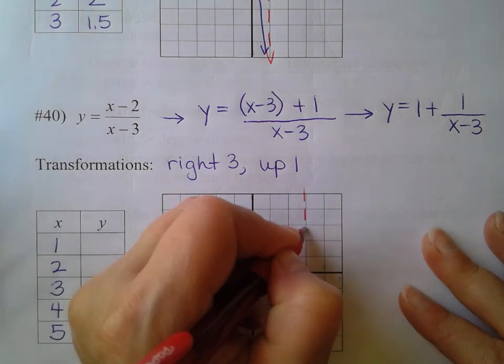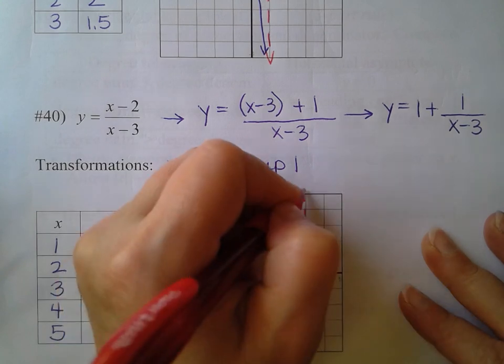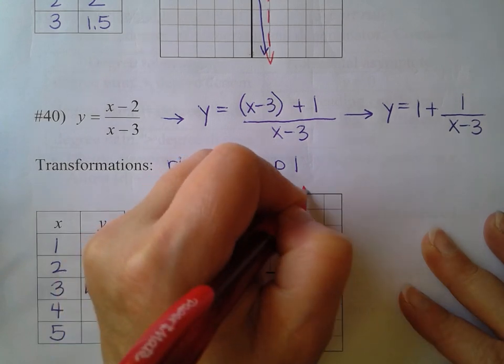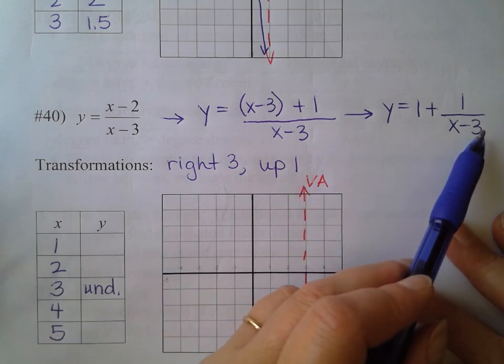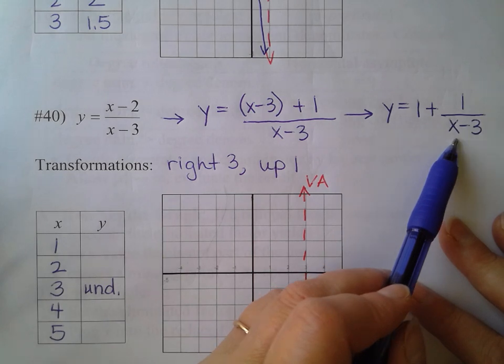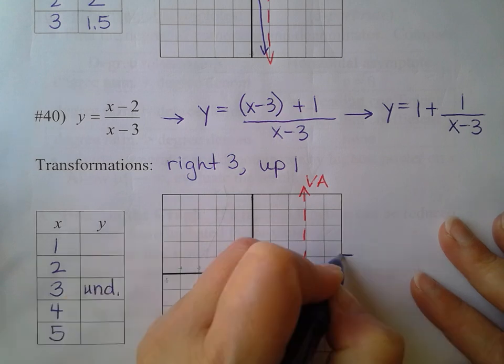So my vertical asymptote is going to be at 3. Just like the previous one, as x gets really large, this fraction is going to go to 0. 0 plus 1 means my graph is going to level off at 1 at the ends.